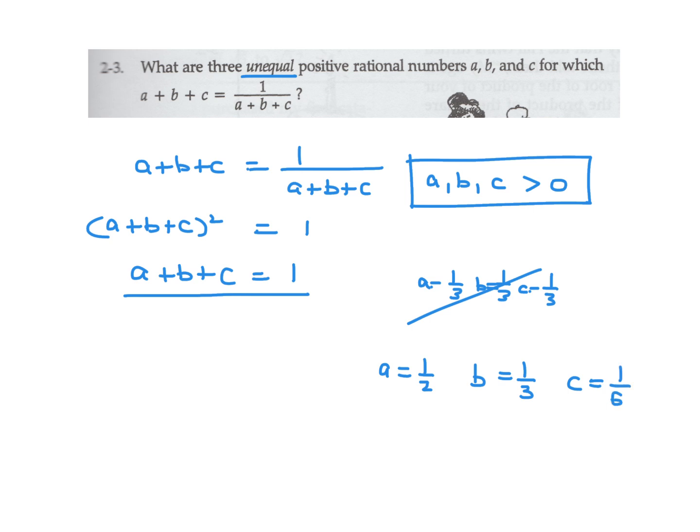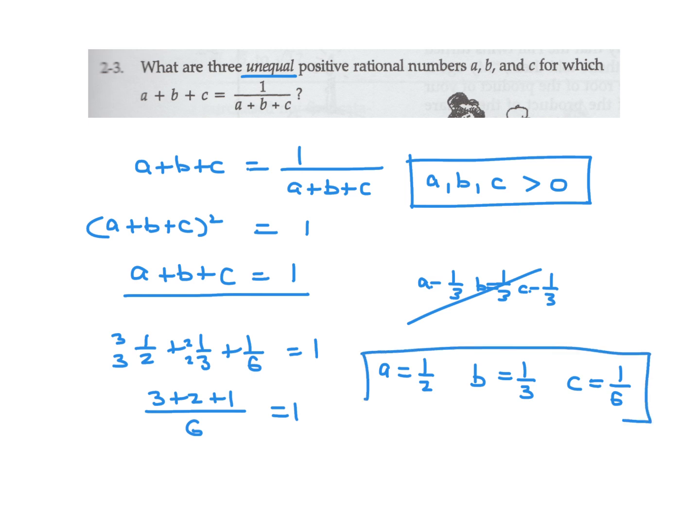Yeah, that would work, because 1/2 plus 1/3 plus 1/6 is equal to 1, because with a common denominator it would be 3 plus 2 plus 1 over 6, and that is indeed 1. Yeah, so there's infinite answers. They just want you to find three unequal positive numbers, just one possible solution, and this is one possible solution.